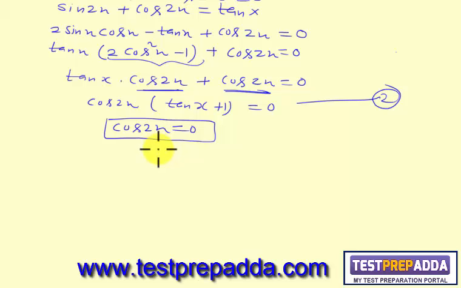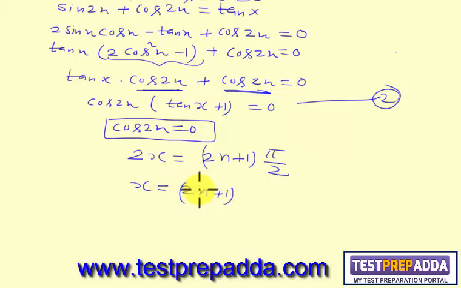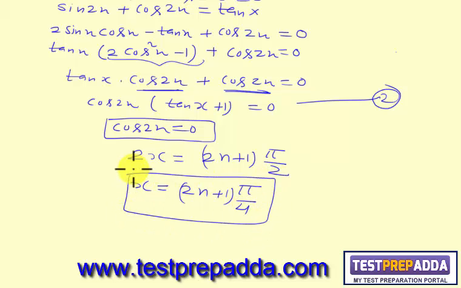What was theta? 2n plus 1 pi by 2. So here also I can write 2x is equal to 2n plus 1 pi by 2. So what will be x? 2n plus 1 pi by 4.